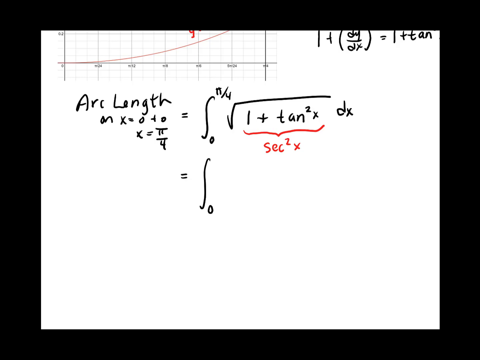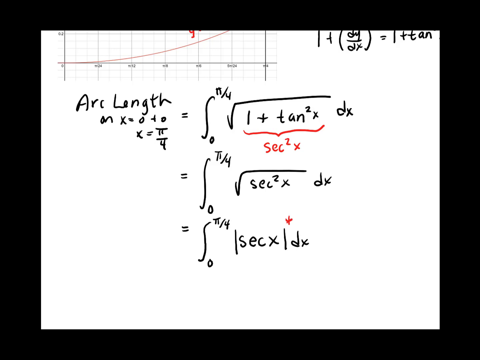So this is now the integral from 0 to pi over 4 of the square root of the secant squared of x dx, which is a perfect square: the integral from 0 to pi over 4 of the absolute value of the secant of x dx. But notice here that we're looking at this just from 0 to pi over 4, so we can actually drop those absolute values.